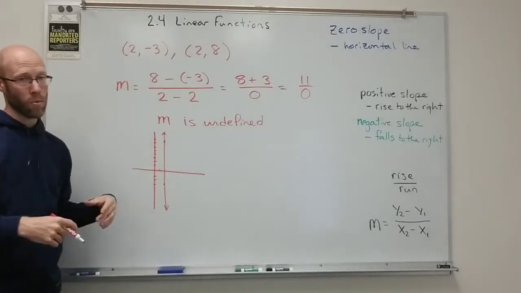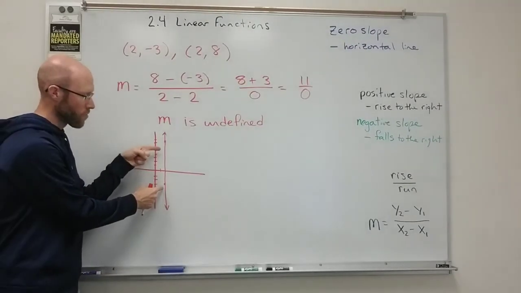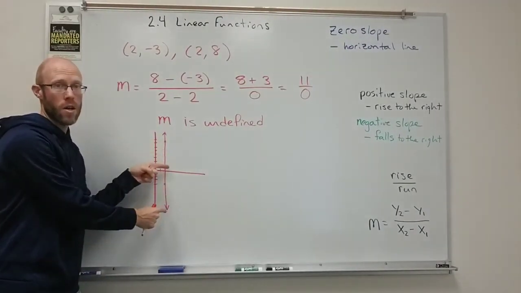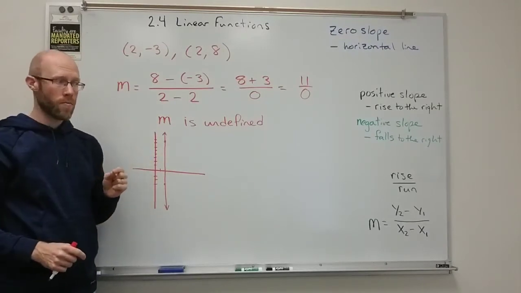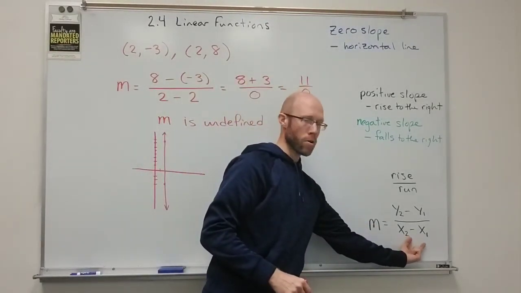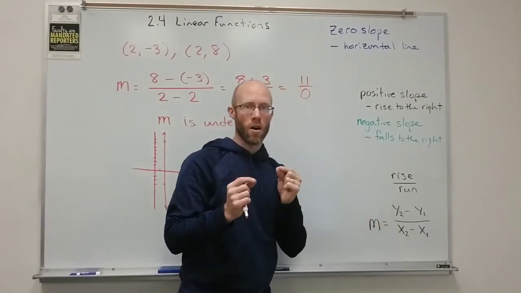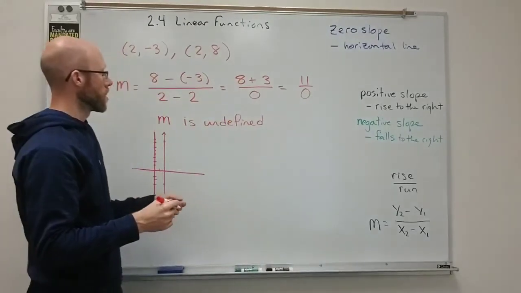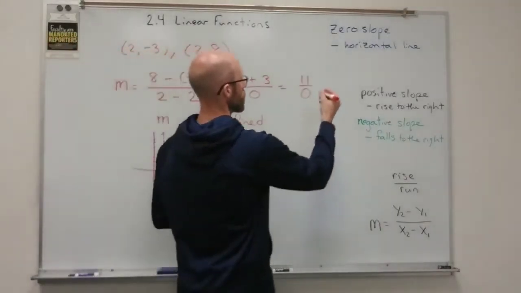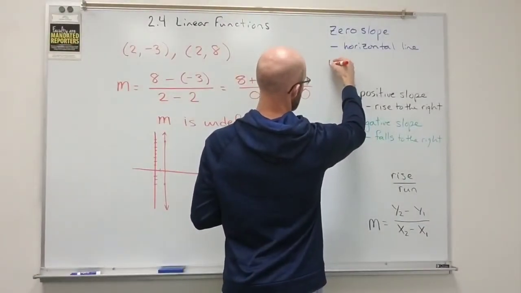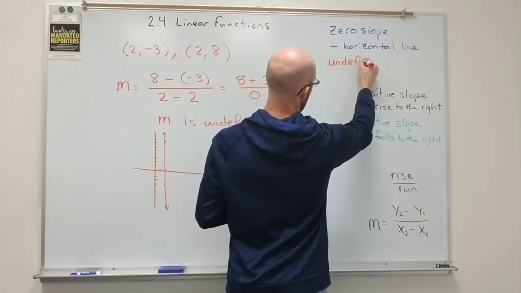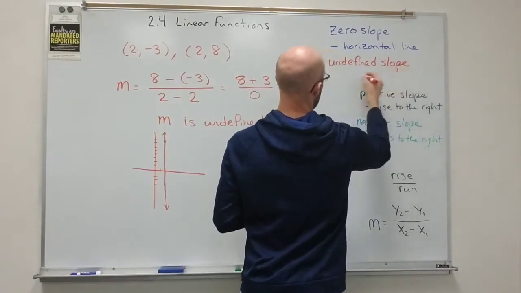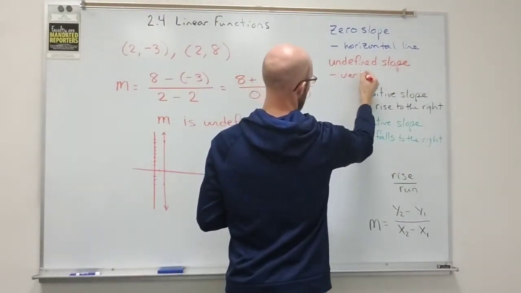That works for every vertical line, because whenever you have a vertical line, every point will have the same x value, and the x values being the same, when you put them on the bottom, they subtract off and get 0, right? Anything minus itself will be 0. All right, so if you have an undefined slope, you get a vertical line.